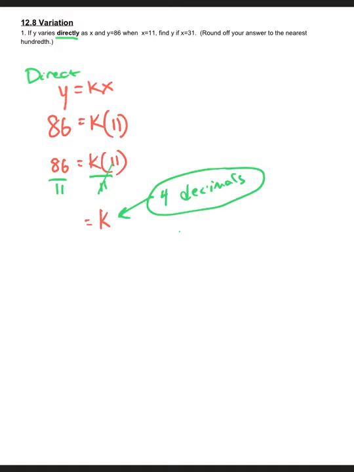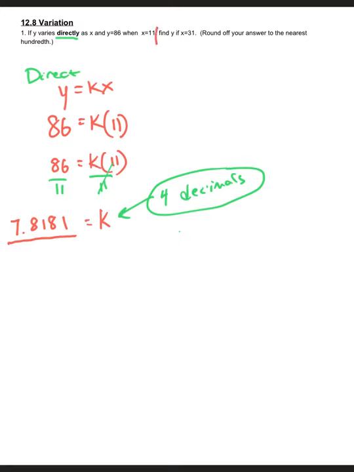So if you put 86 divided by 11 in your calculator, you'll get a pretty long decimal, but I'm just going to put 4 of the decimals, 81, 81. You can round that last one if you want to, although as long as you've got 4 decimals here, it's not necessary to round until we get to the very, very end. So first we're going to find k, which is 7.8181, and we're going to plug that back into the formula.